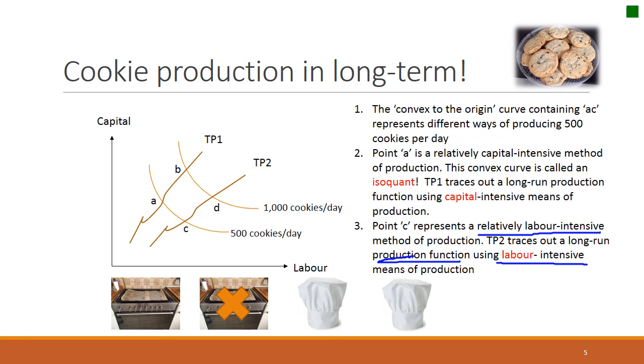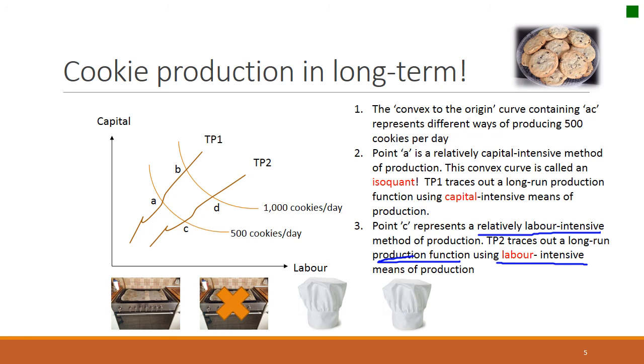Now, it may be that in the particular country you live in, the price of capital happens to be relatively high. It could be a country where capital is relatively scarce, not abundant. And therefore, for a firm maximizing profits, it might make more sense rationally for profit maximization to use a different method of production. So where labor costs are relatively lower than capital costs, in other words, the relative price of labor is lower, then it makes sense to use a different production method, which is TP2, going through points C and D. We're still producing 500 and 1000, but we're using a different production method.